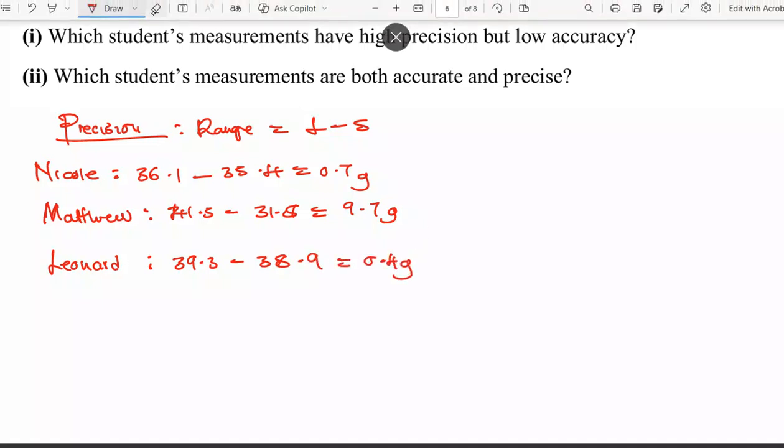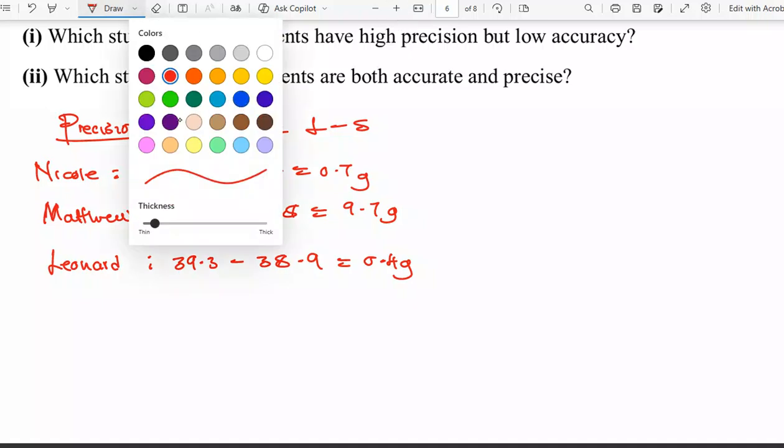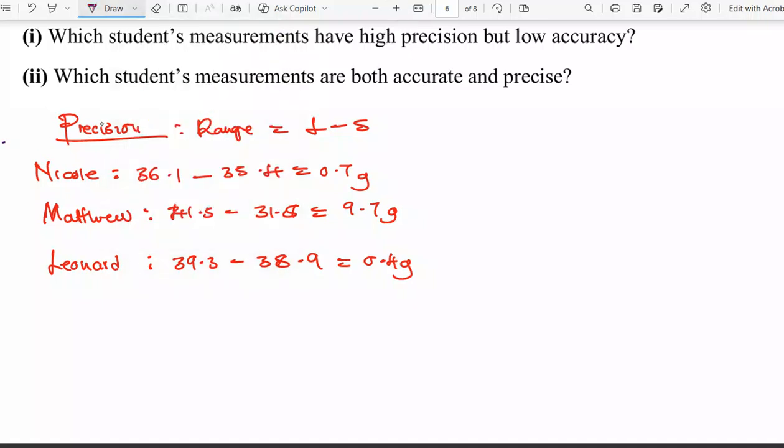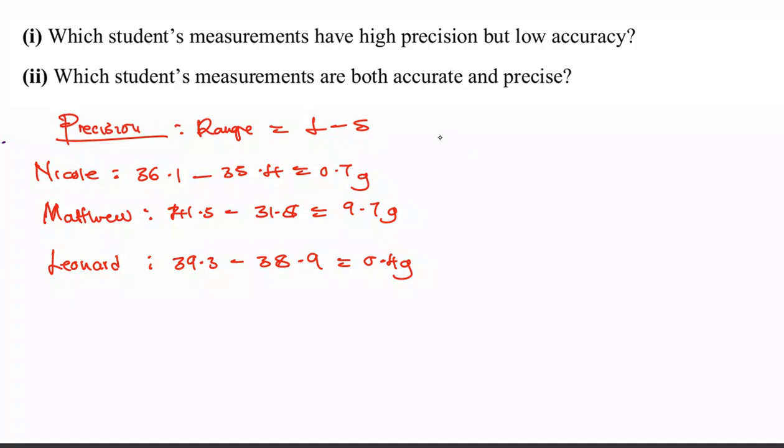So for us to determine the precision, we need to remember that the smaller the value of the range, the higher the precision. When you look at Nicole, we have 0.7. That is very small, so the mistake was very small. These values were very close, because with precision we are talking about how close the measurements are.